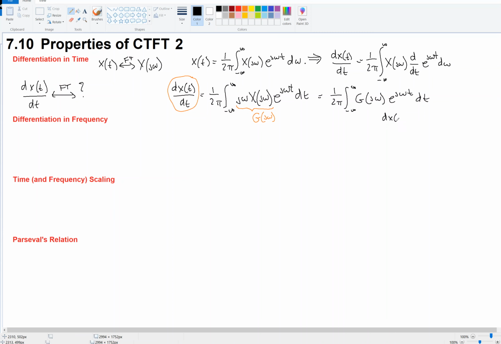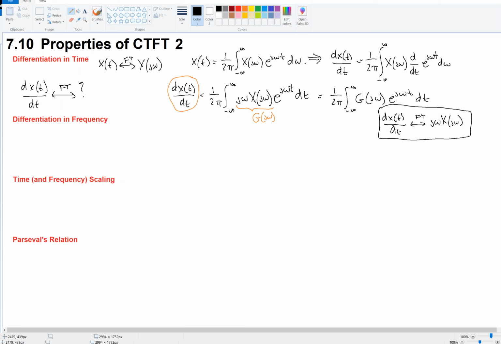So the property that we're looking for is this: it has Fourier transform j omega times the original. That's huge, it turns out. That's going to be a big one for us, a big one for mathematics and engineering. This is why you use the Fourier transform in differential equations. We'll have more to say about this in future videos.